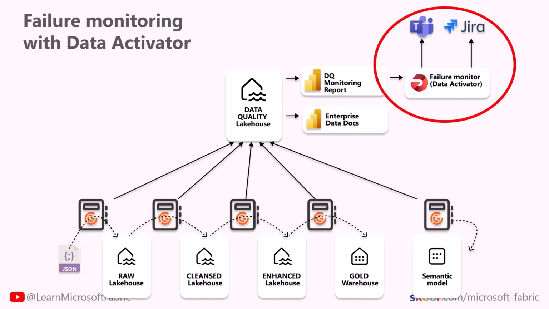And what that's going to do is monitor the data that's flowing through that data quality report, and check for certain conditions. So we can build Data Activator reflexes that look for validation failures in any of our pipelines. And when we spot a validation failure, we can trigger notifications, Teams messages, or even Jira tickets that automatically get generated from those failure events.